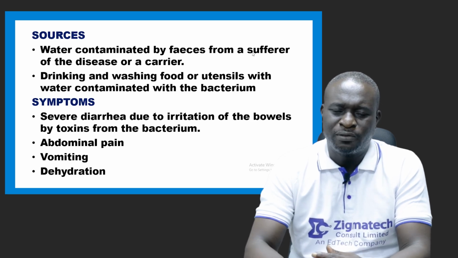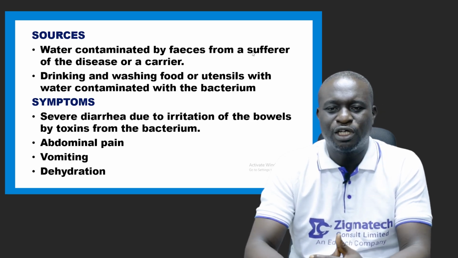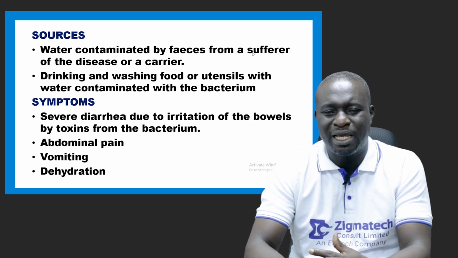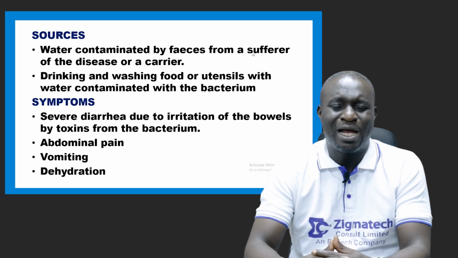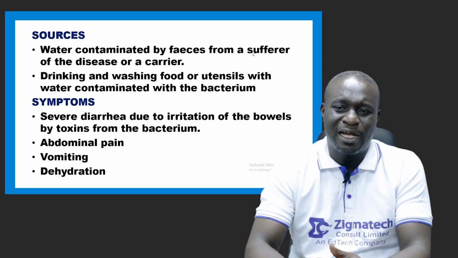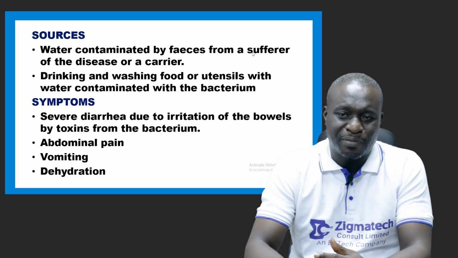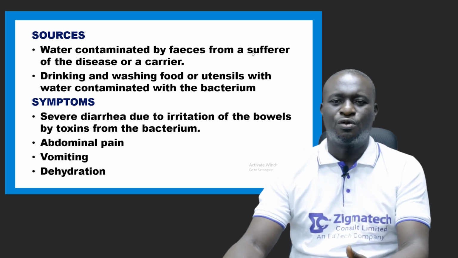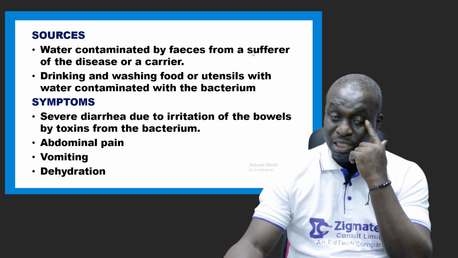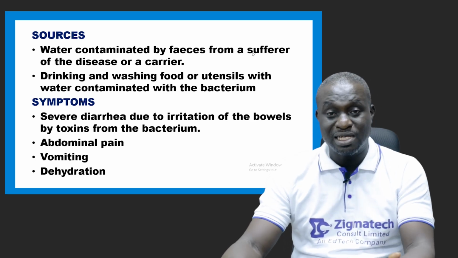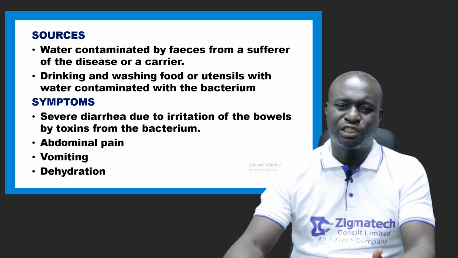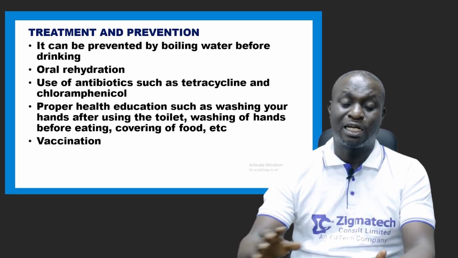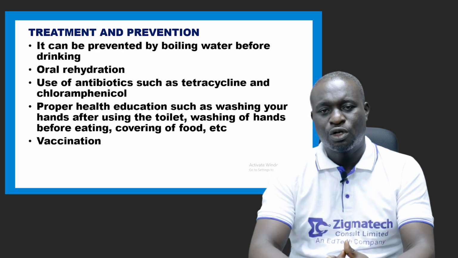We've already mentioned some of the symptoms, like abdominal pain or discomfort, vomiting, and dehydration. We have severe diarrhea due to irritation of the bowels by the toxins from the bacterium. So these are some of the symptoms seen when someone has contracted the bacterium that causes cholera, which is Vibrio cholerae.